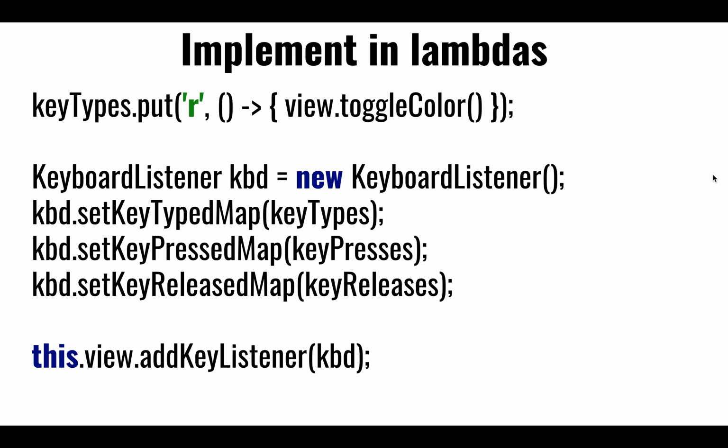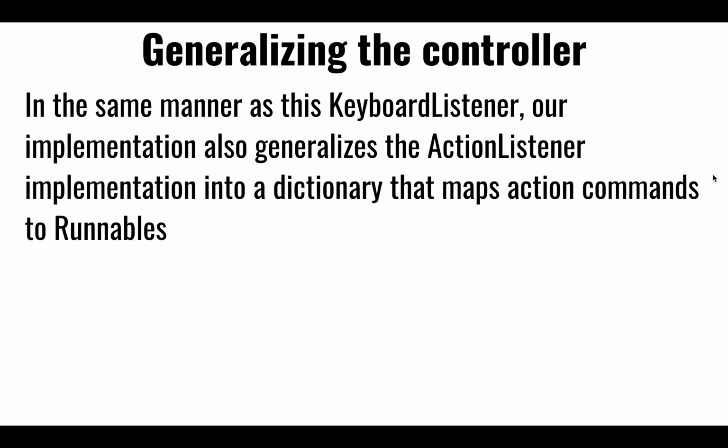Make sense? So we were able to generalize a little further, hiding these details and applying the command pattern that we introduced a couple of days ago. This makes our controller much easier to enhance and to add features, so that you only have to modify this map.